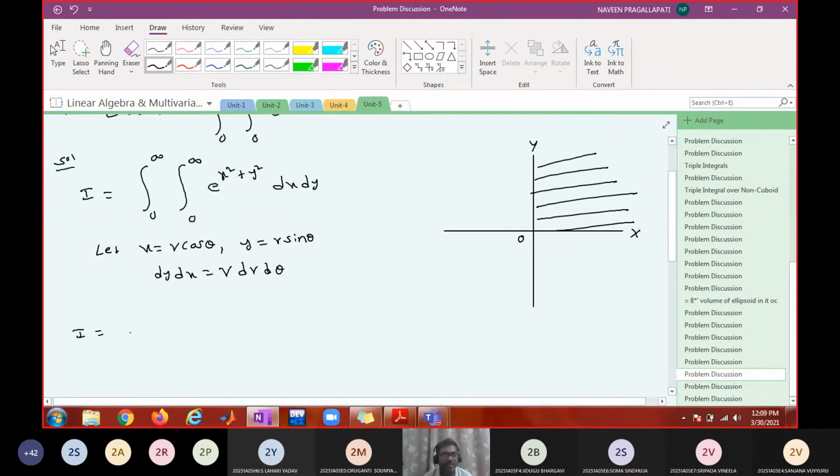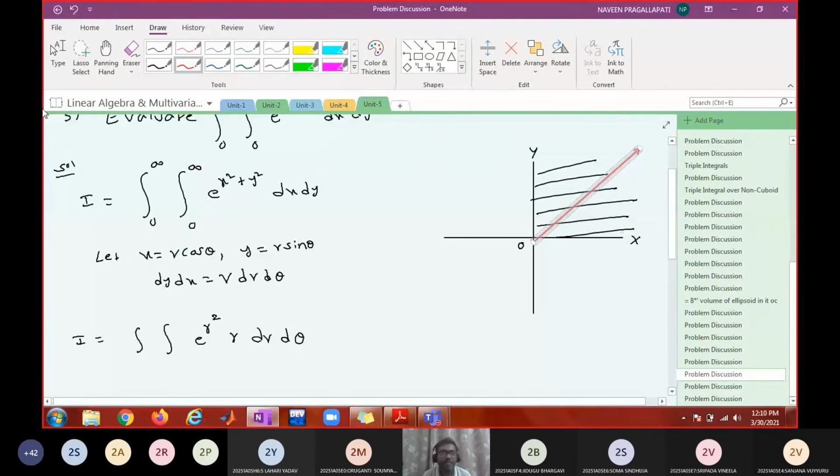Then the integral becomes 0 to infinity. Sorry, I will tell you the limits later. What is x square plus y square? R square. And what is dy dx or dx dy? R dr d theta. Now when you draw a line passing through the origin, r varies from where to where? R starts from the initial point 0.